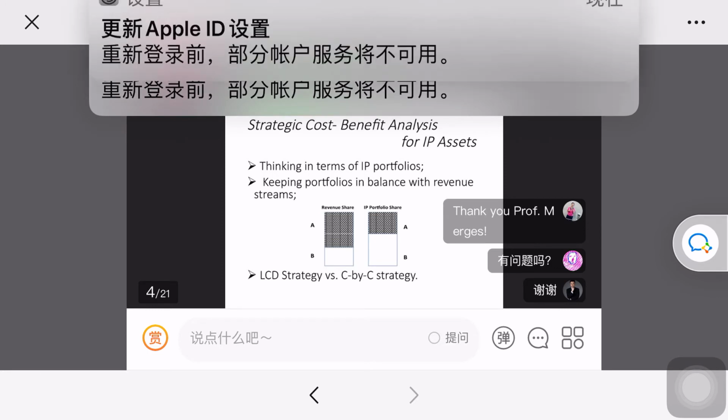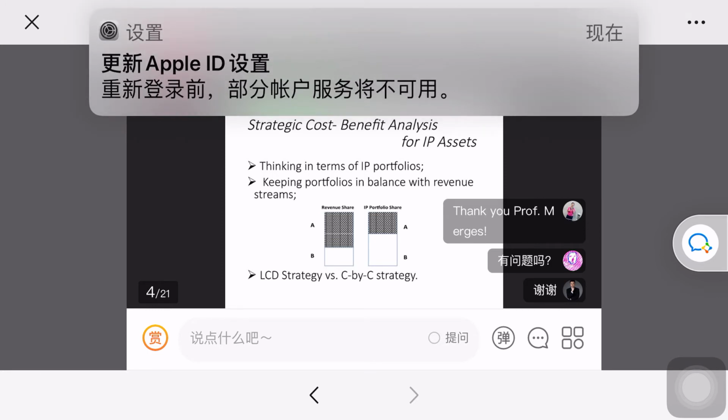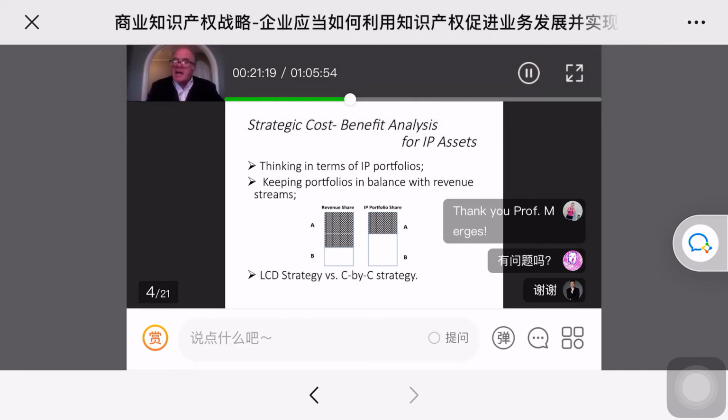But in this simple approach, you simply want to look at your IP portfolio and see how it relates to and the degree to which it covers revenue streams from different products, okay?